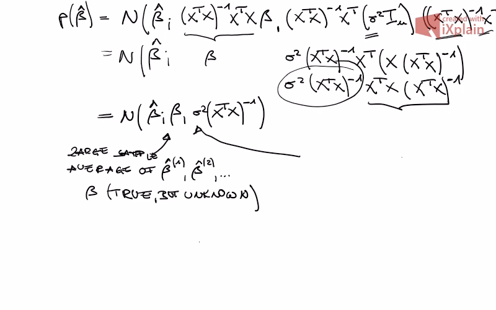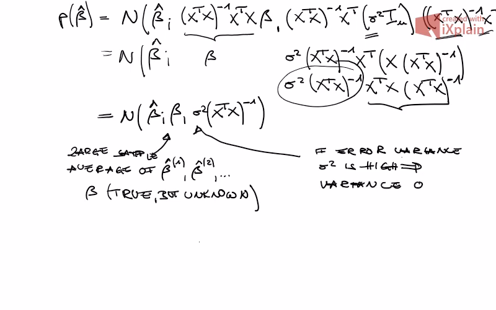So if the error variance, because remember this sigma square is just the error variance, is high, then also the variance of beta hat is high.